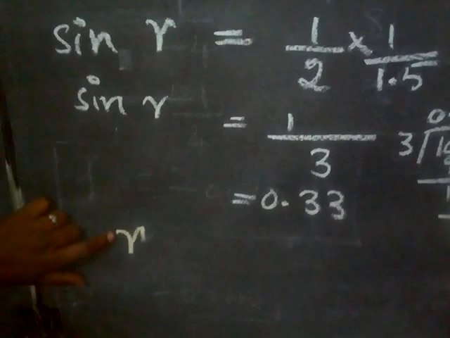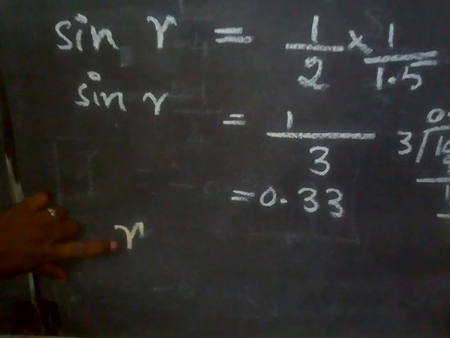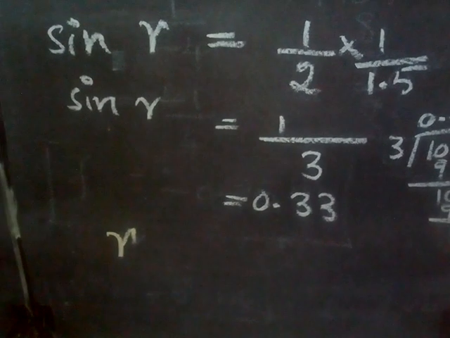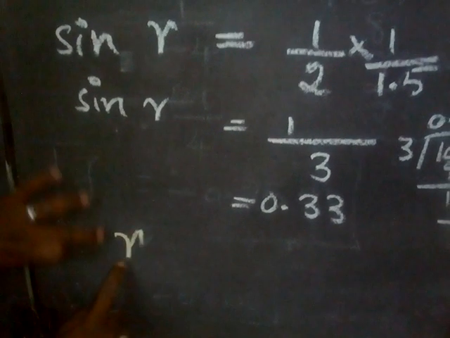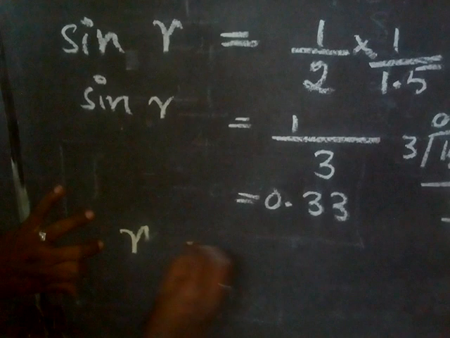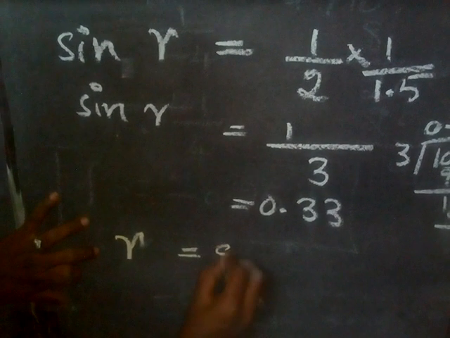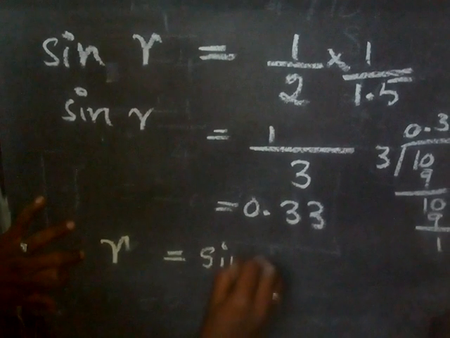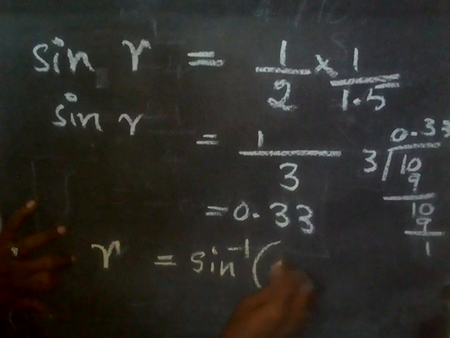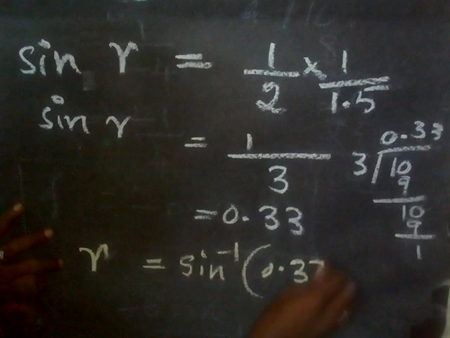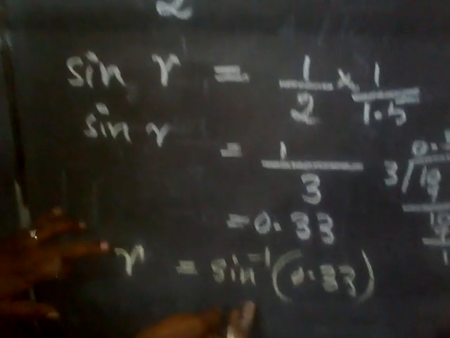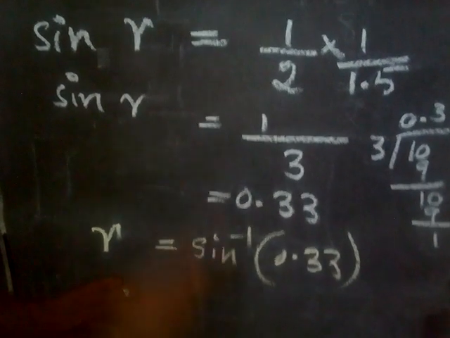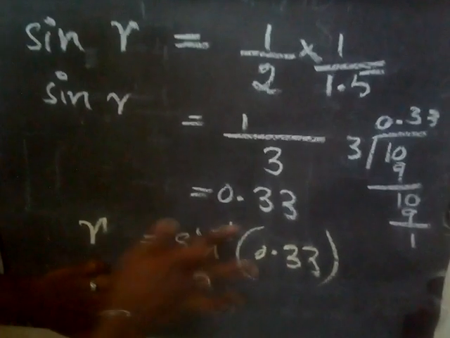Then we have to calculate only R. From the question they are asking for the angle of refraction value. So we have to find R is equal to sine inverse of 0.33. Here sine comes to this side.